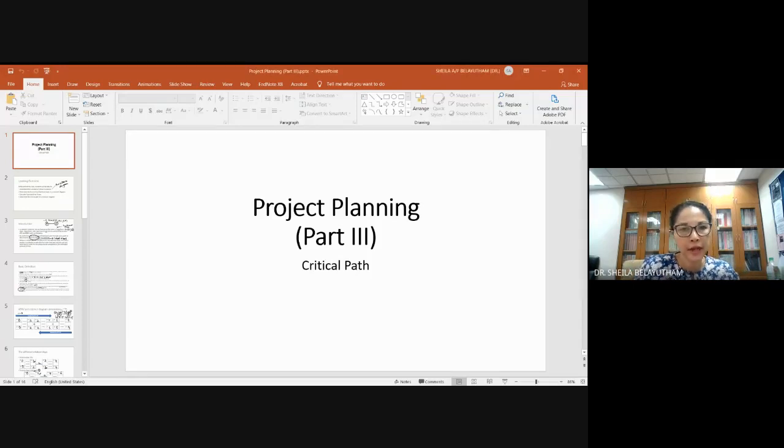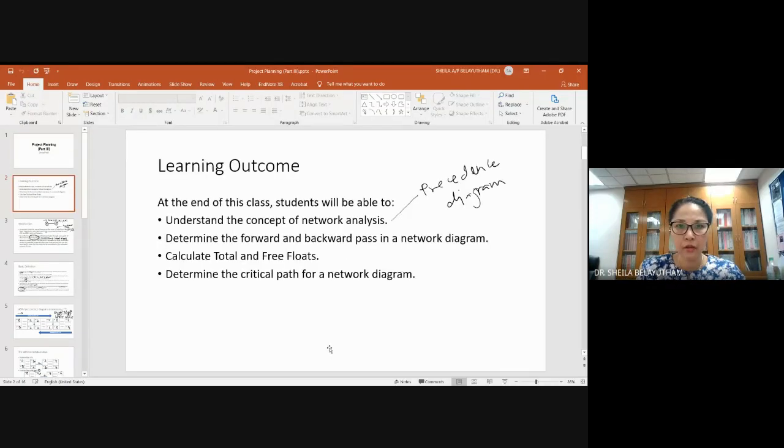Okay, so let's recap what we did in the last class. We touched on network analysis, particularly the precedence diagram. But talking about the precedence diagram, you still have to understand how the critical path works, especially the CPM. Precedence uses activity on node, and CPM is activity on arrow.